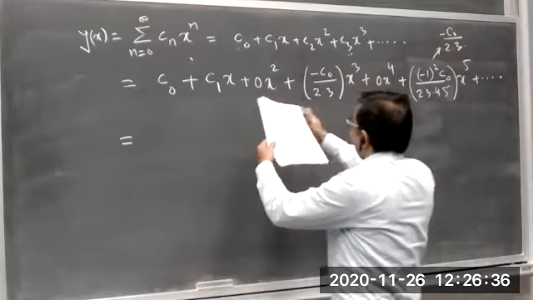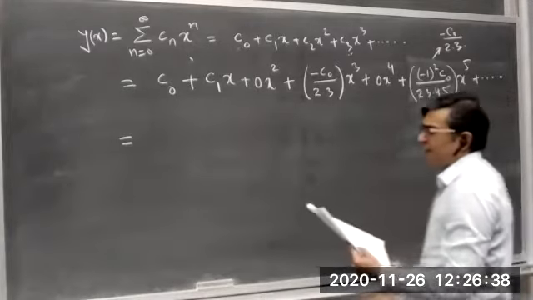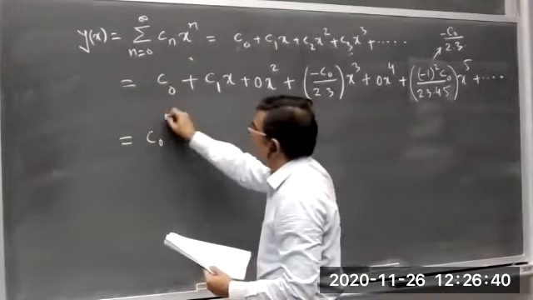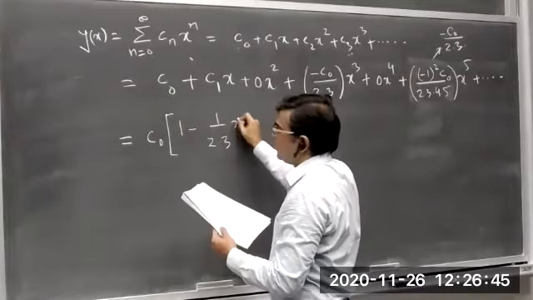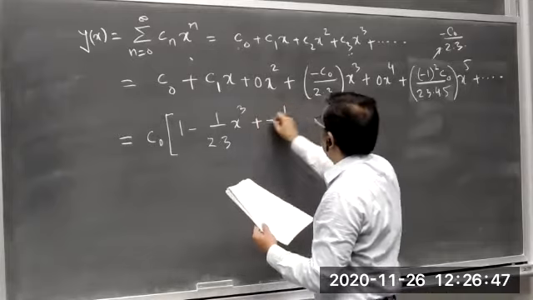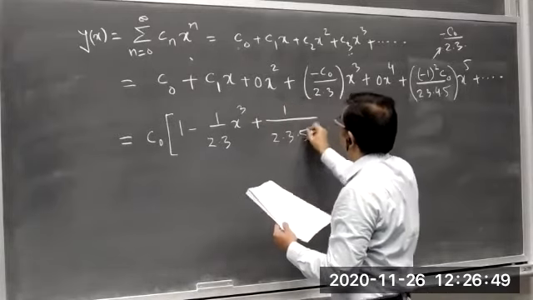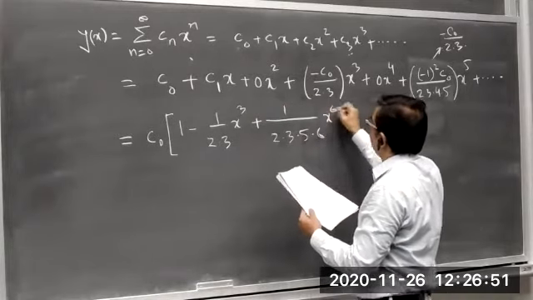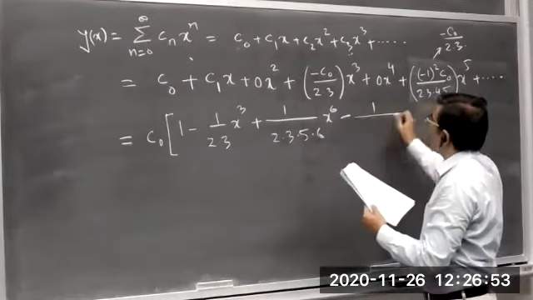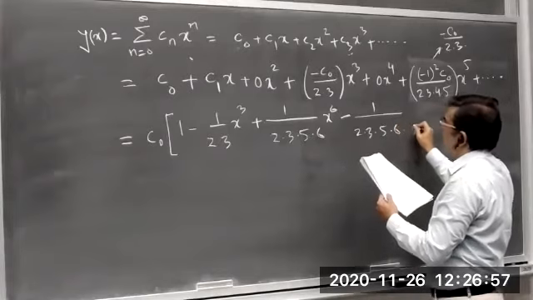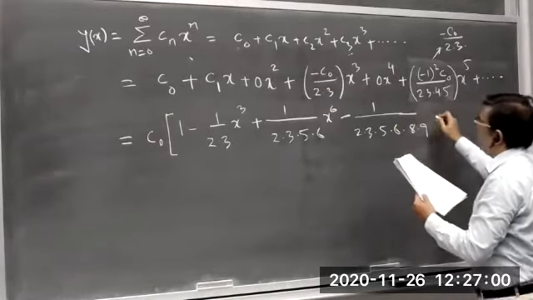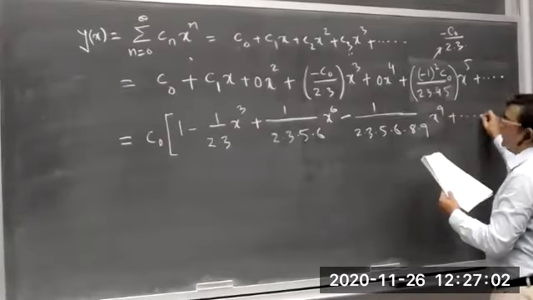Now, after rearranging these terms and taking C0 common, we can write C0 times 1 minus 1 by 2 into 3 x power cube plus 1 over 2 into 3 into 5 into 6 x raised power 6 minus 1 over 2 into 3 into 5 into 6 into 8 into 9 x raised power 9 plus so on.